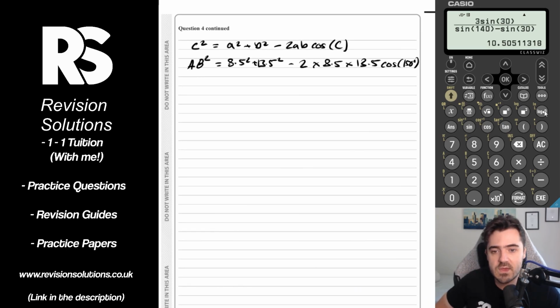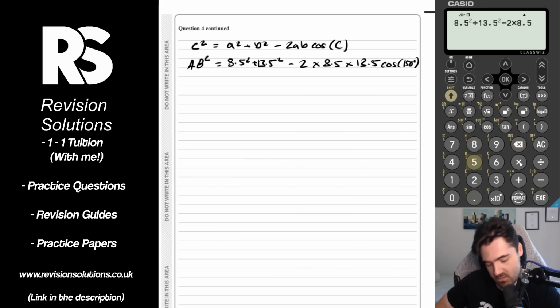So typing that out in the calculator, we're going to get 8.5 squared plus 13.5 squared minus 2 times 8.5 times 13.5 cosine of 150 degrees. That's 453.